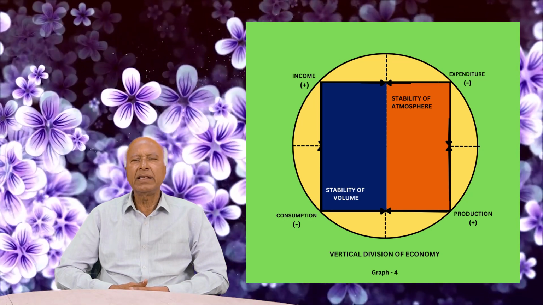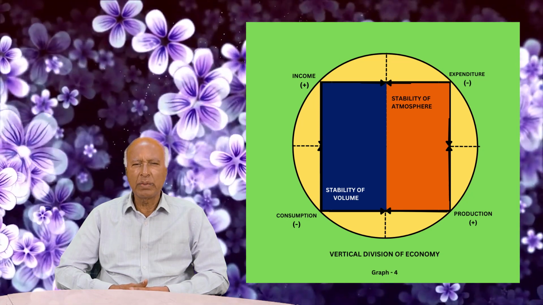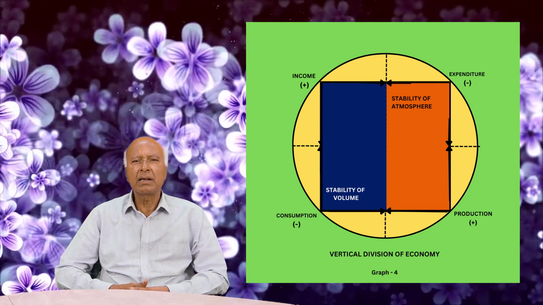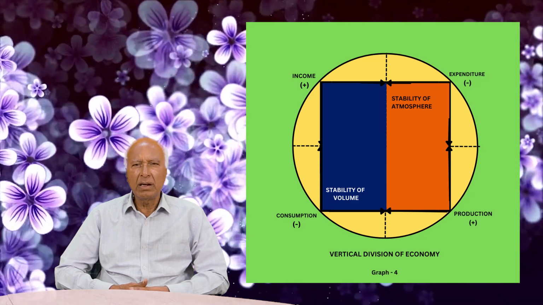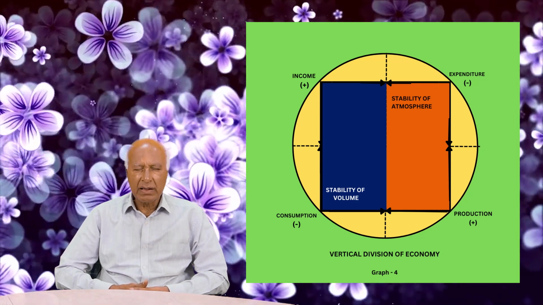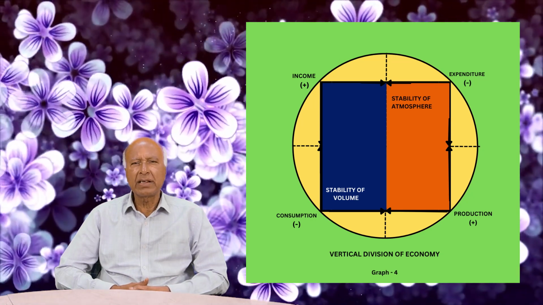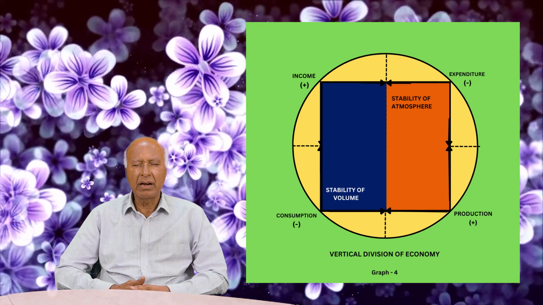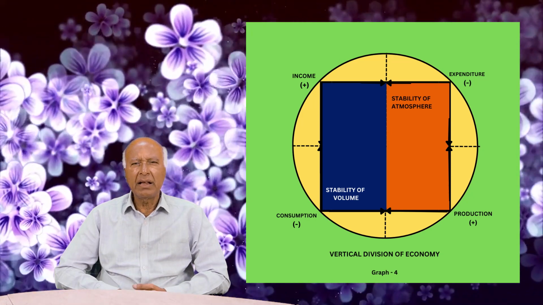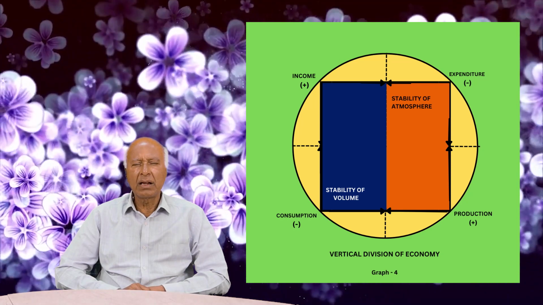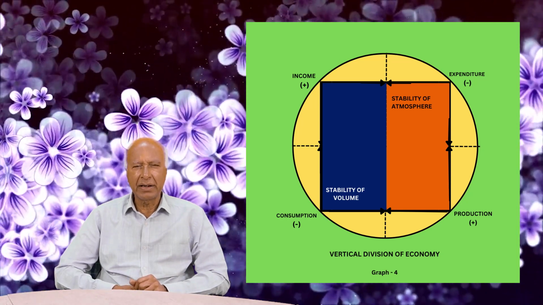When the physical resources of the economy are transformed into a consumable commodity, some expenditure is incurred on this conversion. That is called the cost of production, and in totality we can denote it as expenditure.